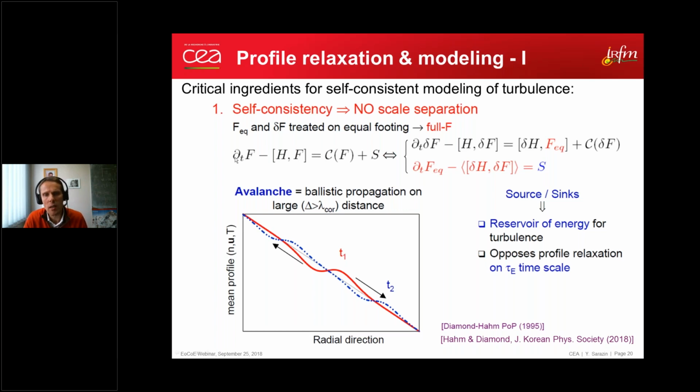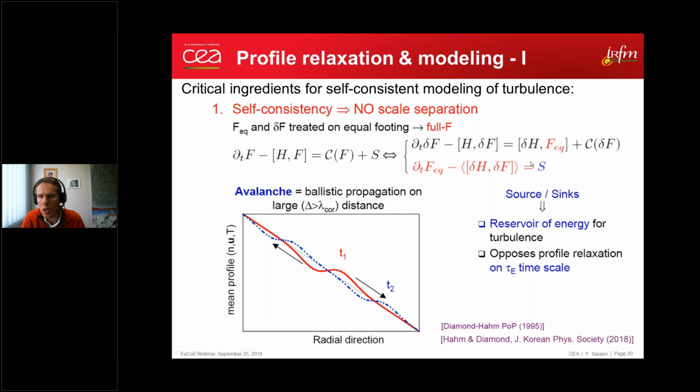So this equation, with f being the total distribution function, can be split in two different equations, one for the fluctuation and one for the equilibrium distribution function. Those two are really equivalent. What is usually done in the gradient-driven approach is that the second equation, on the equilibrium distribution function, is not accounted for.